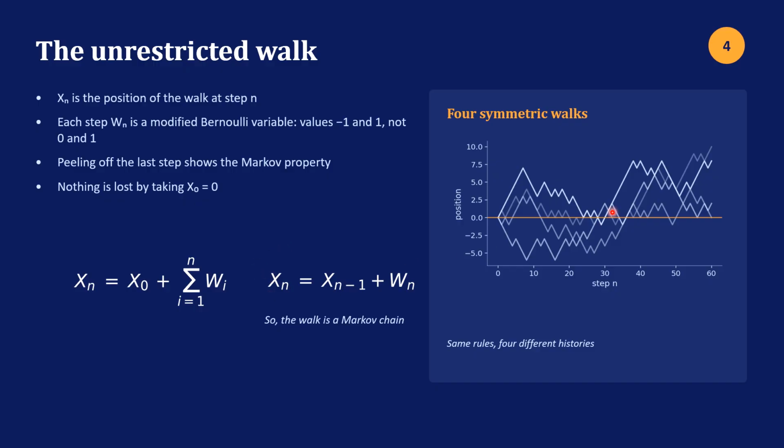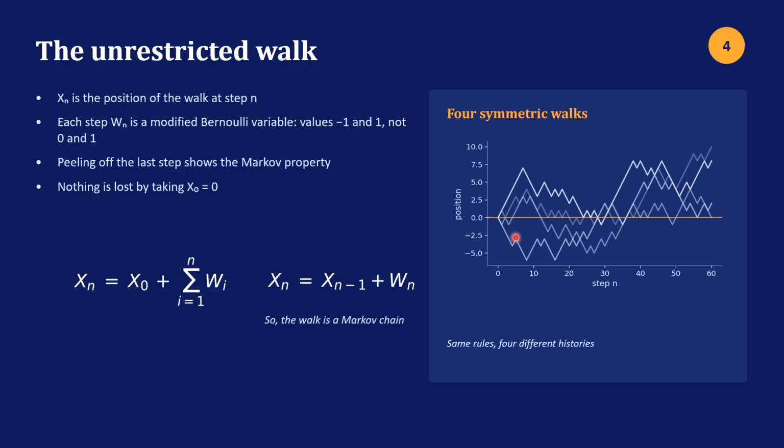Then on the right, I have a graph, four symmetric walks. That just means the probability of going in the minus direction or the plus direction, in other words, either left or right, is 0.5, it's equal. And these are just simulations. So you can see the darker white line kind of goes down to 0, then it goes up, it goes off a little bit. Same thing for this one here.